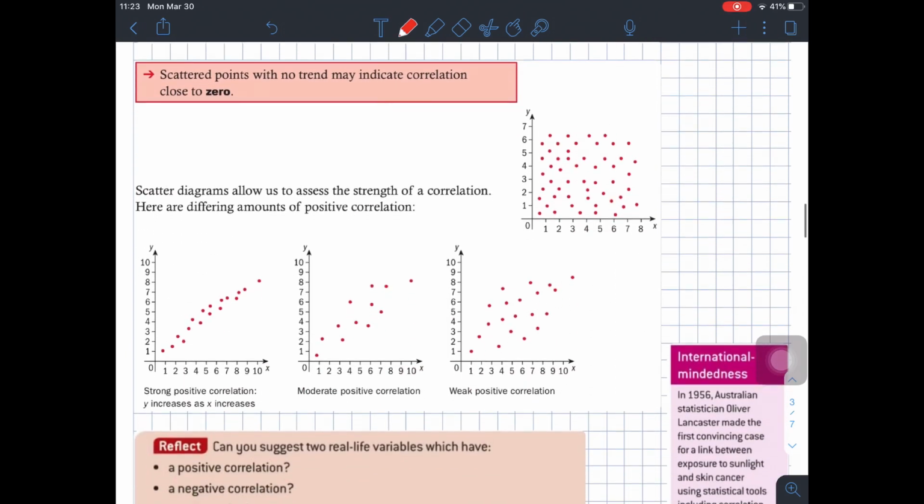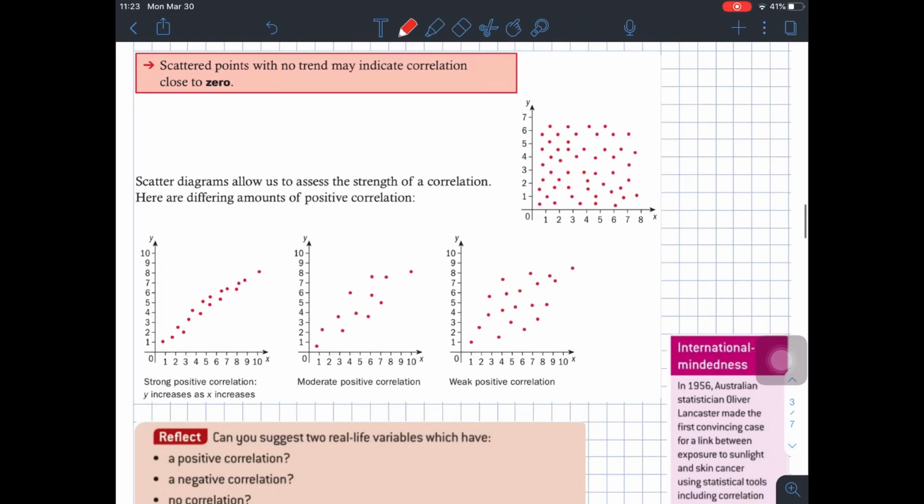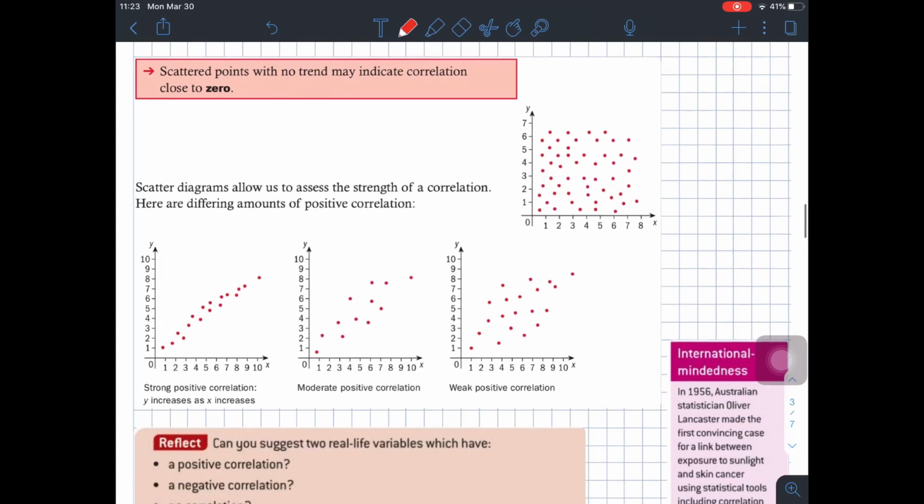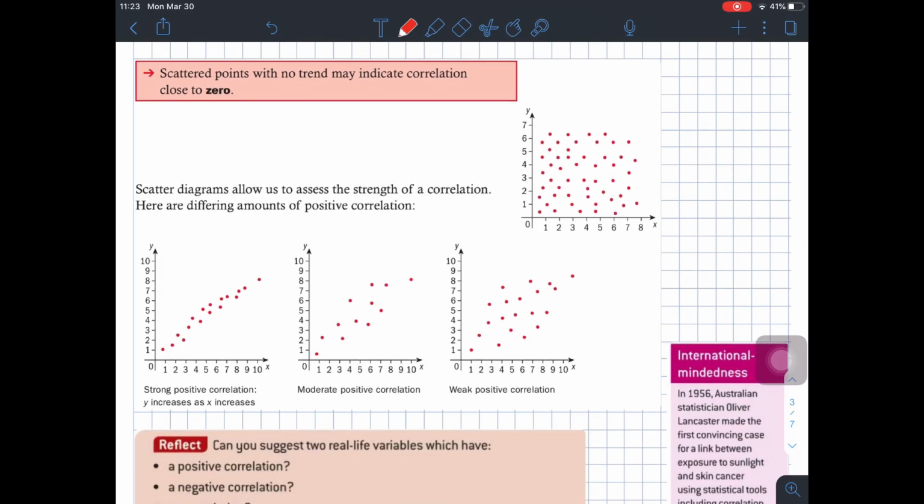Then it says, scatter diagrams allow us to assess the strength of a correlation. Here are different amounts of positive correlation. So in each category, positive, negative, or zero, we may say again that a positive correlation may be a strong positive correlation or a moderate positive correlation or a weak positive correlation, okay? So look at all these cases.